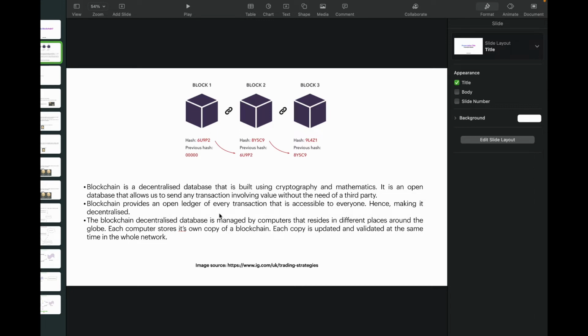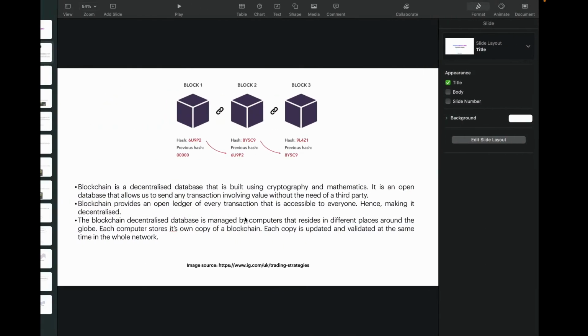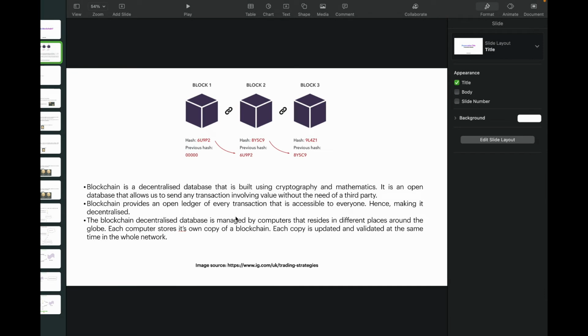Everyone can see the transactions of that particular blockchain, and you do not need any third party or banks to make any kind of transaction.